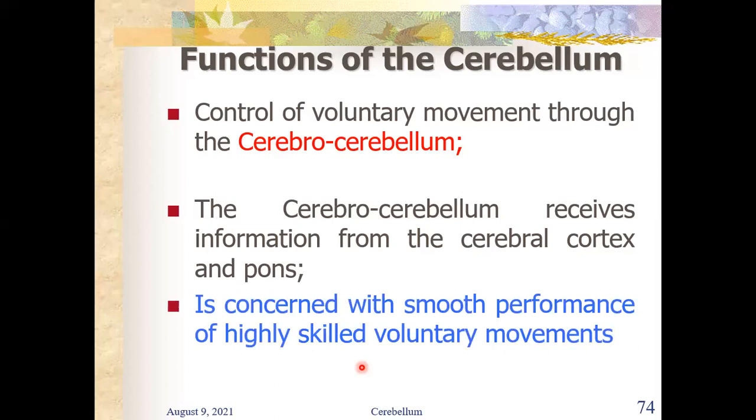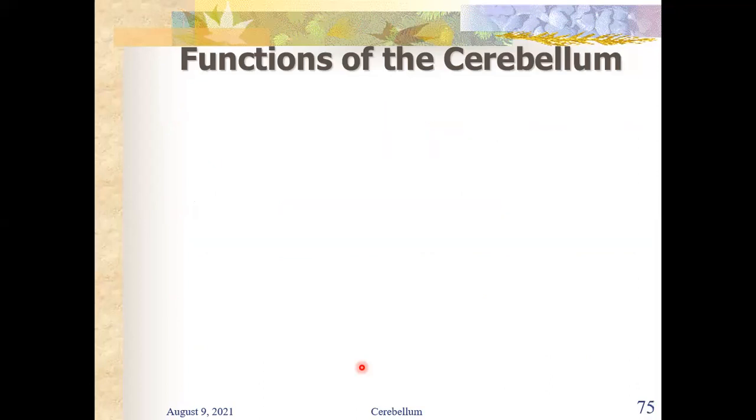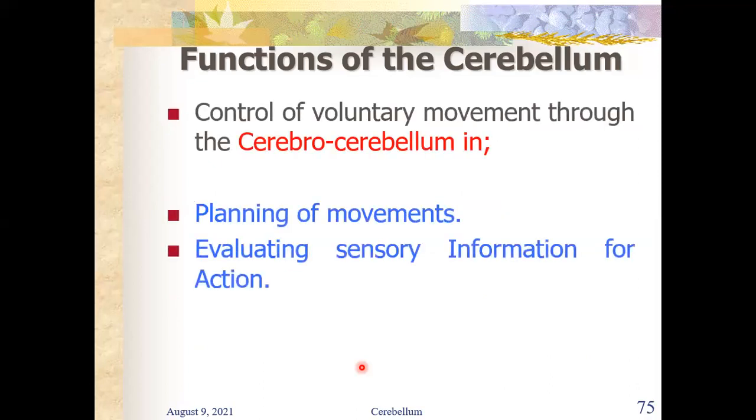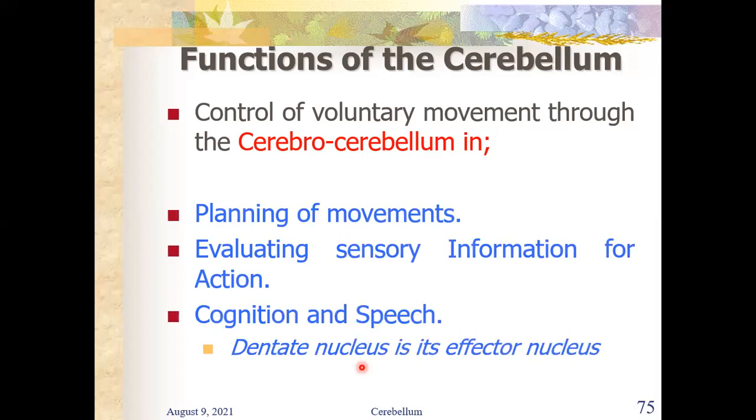It is concerned with smooth performance of highly skilled voluntary movement. It also plays a role in the planning of movements, evaluating sensory information for action, and also in cognition and speech. The dentate nucleus is the effector nucleus for the pathway from the cerebrocerebellum.